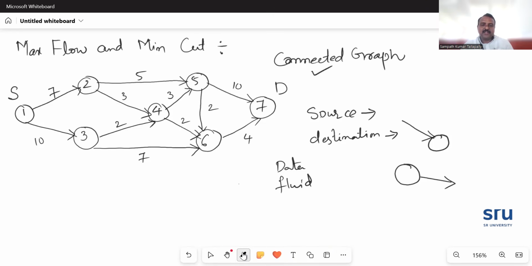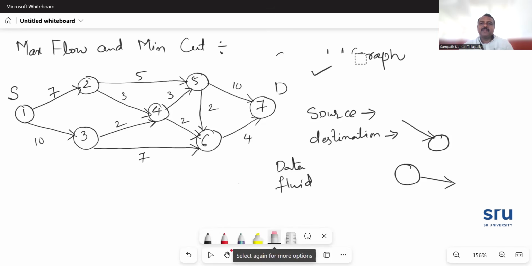Now we all know it is a connected graph, and we identified the source and the destination.